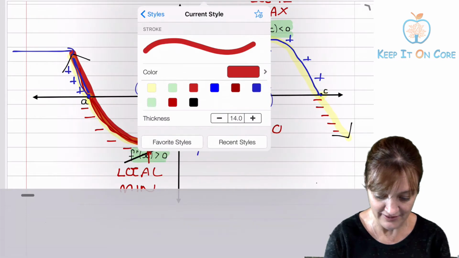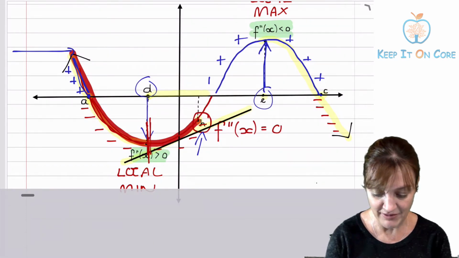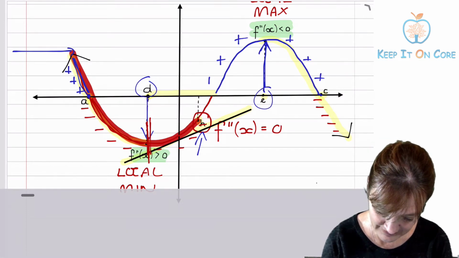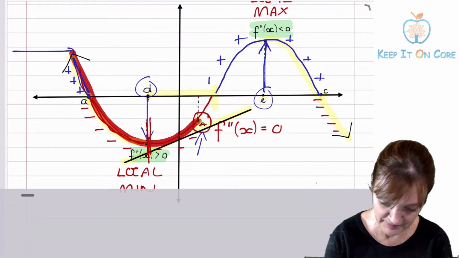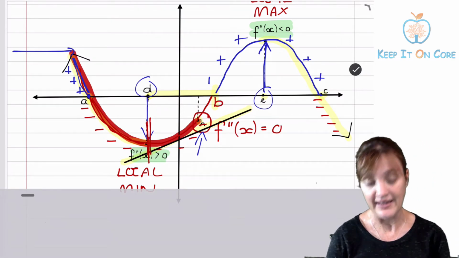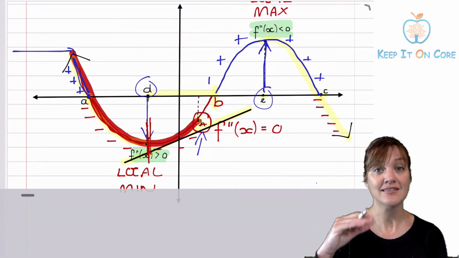Anything from D through to this x-intercept over here, which was B, I've erased it, but it was point B, is going to be where my y values are negative, but the gradient of my tangent is positive.